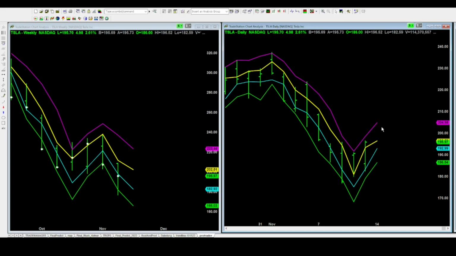And next week, the weekly high will probably stop around this price range, so around this $205 or $204.